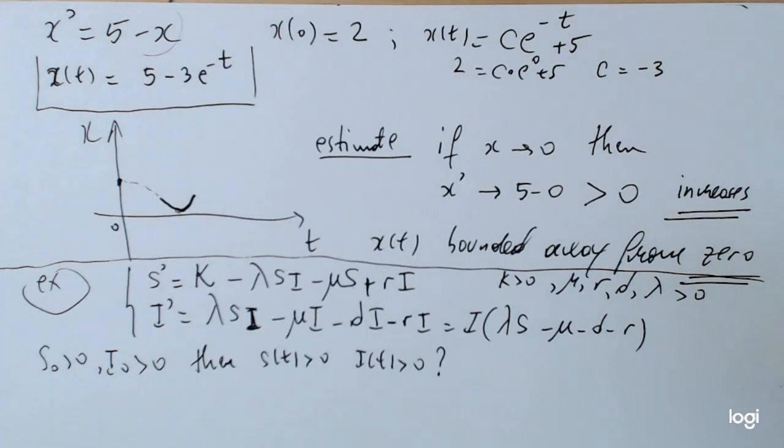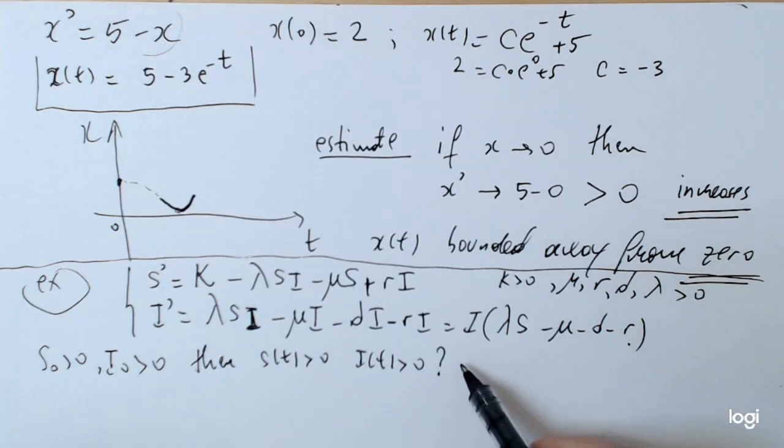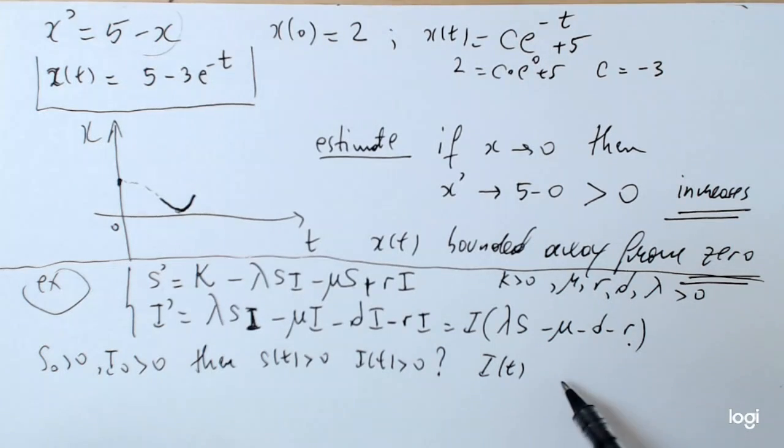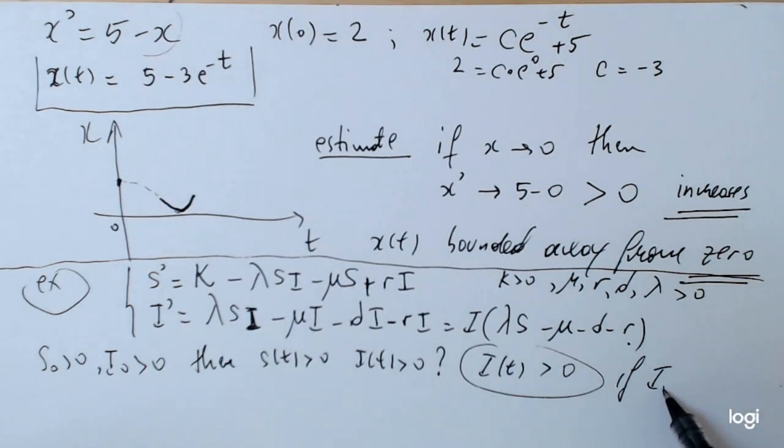Since I can pull out I, based on the discussion we had before, I of t remains positive if the initial condition for I is positive. So now we know that I of t remains positive.